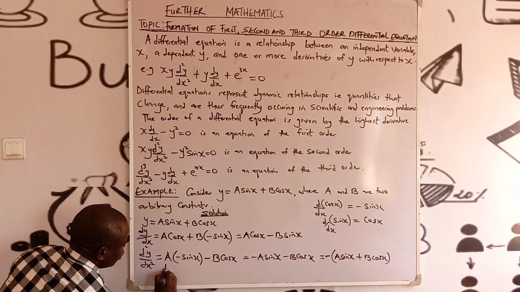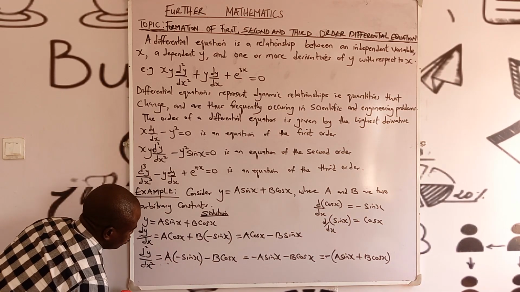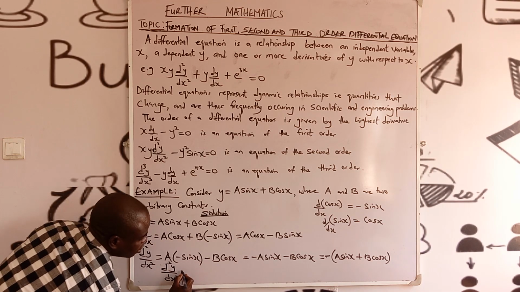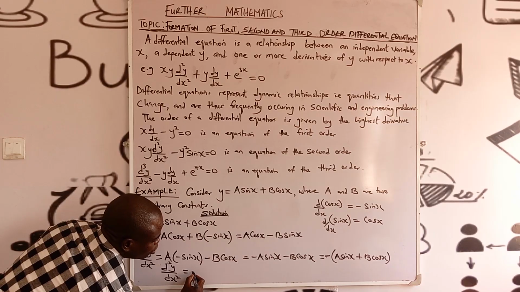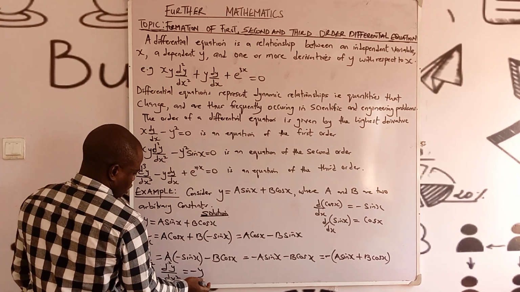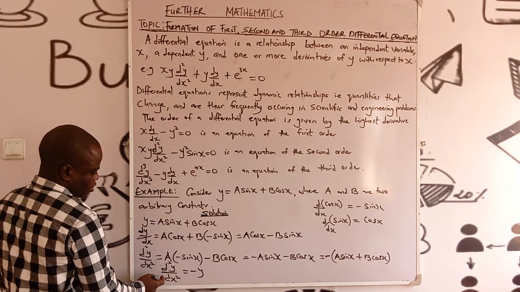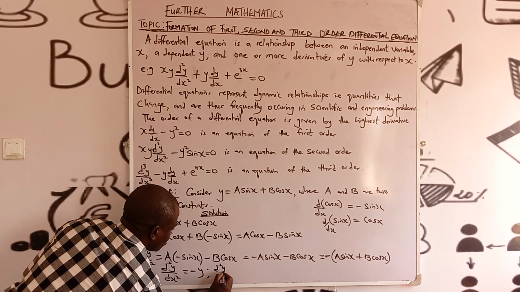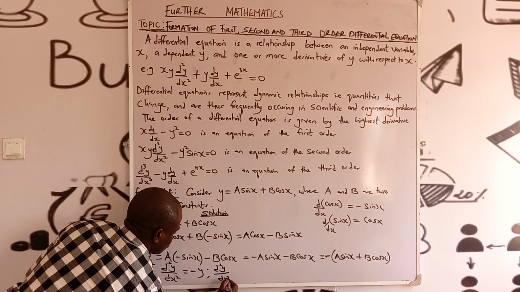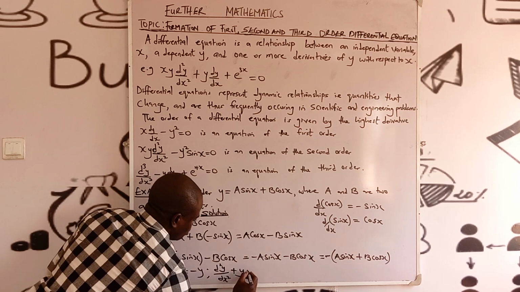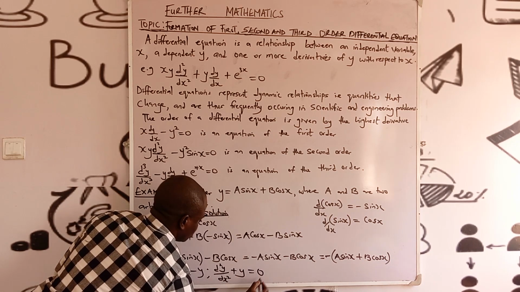Now d squared y over dx squared equals minus y. Take this minus y to this side to form an equation. Now d squared y over dx squared plus y equals 0, because the negative y turns to positive y when it crosses the equals sign.